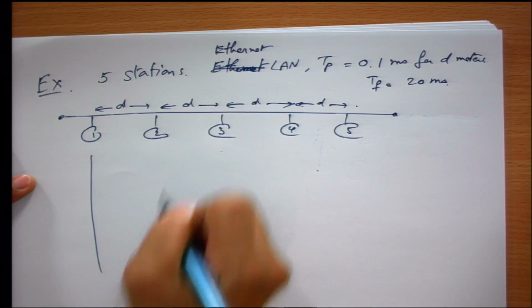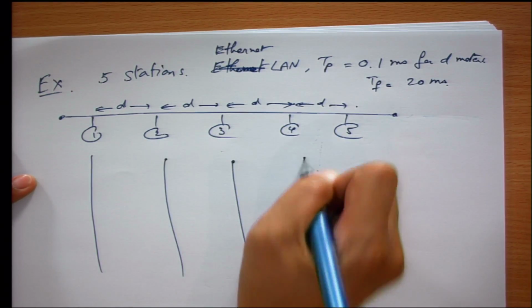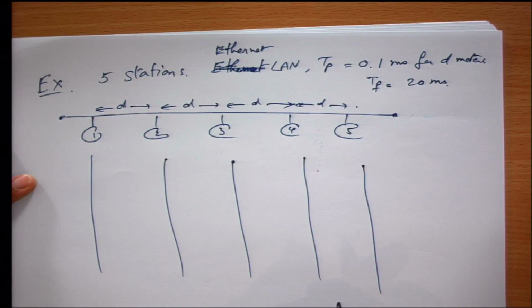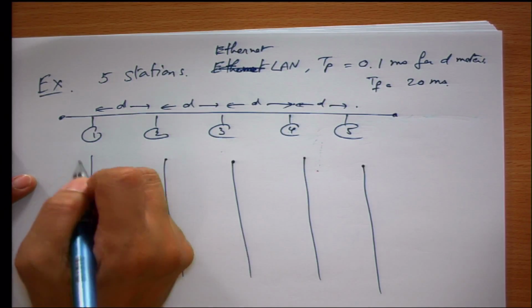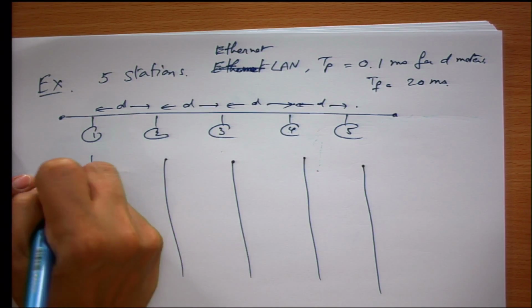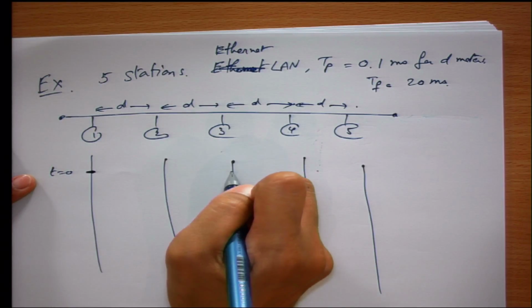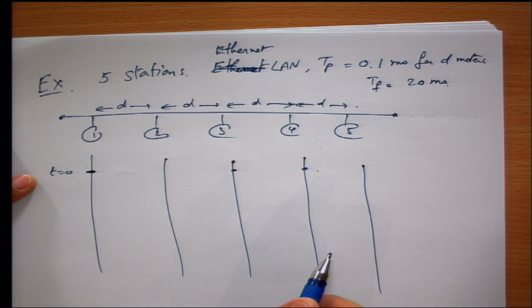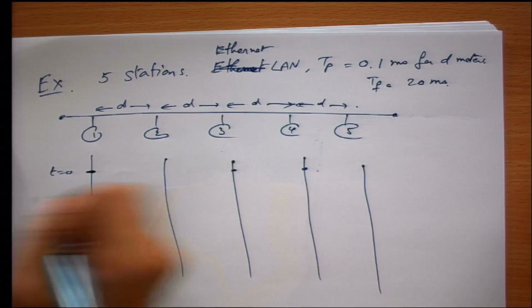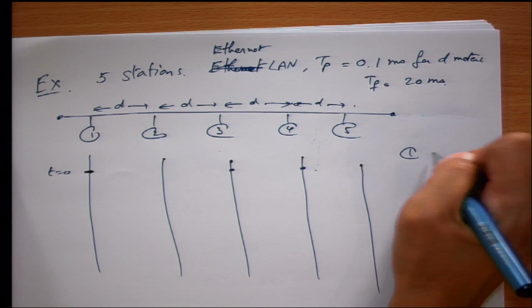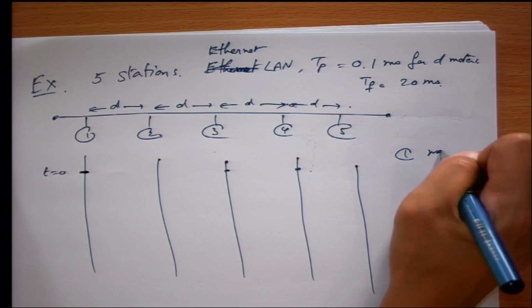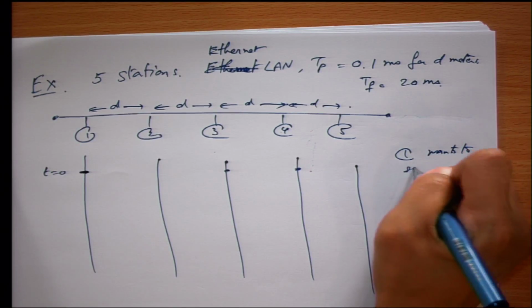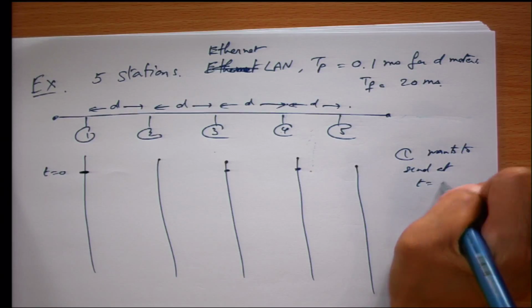Now what happened? Suppose stations 1, 2, and 3 want to send at t equal to 0, 1, and 4 milliseconds. Station 1 wants to send at t equal to 0 second.